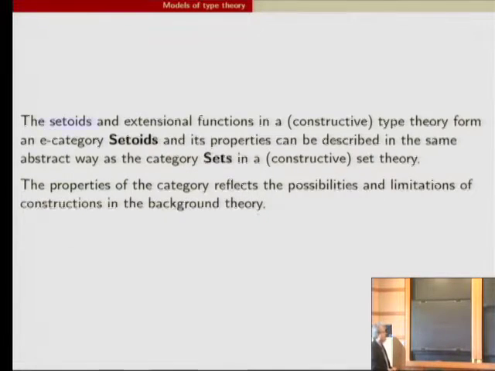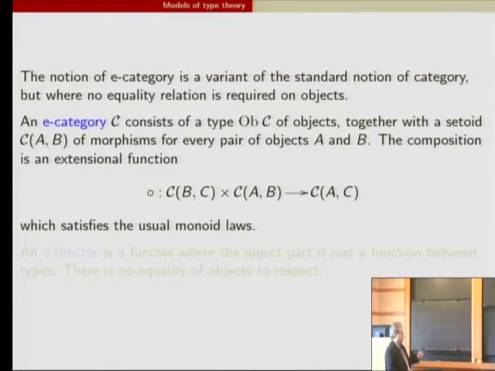Okay, so here's the E-category. What is an E-category? Here it's a type of objects together with a setoid of morphisms. And we have a composition which is an extensional function, which satisfies the usual laws with respect to equality on each of those.